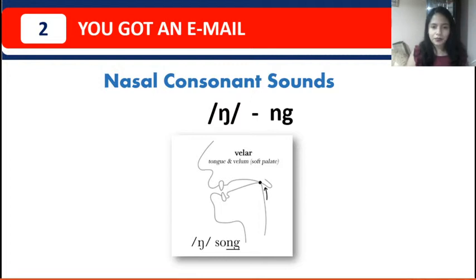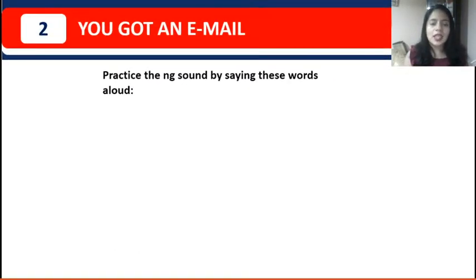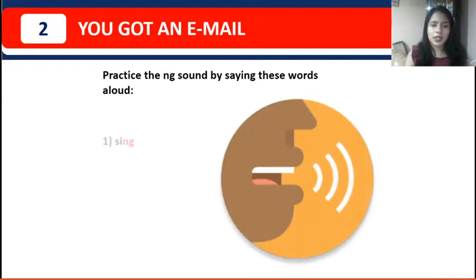So, we have many examples of this. Let's check some of the examples. Let's practice the N sound by saying these words aloud. Practice with me, please. Sing.